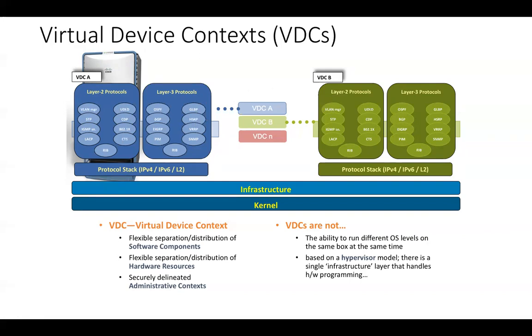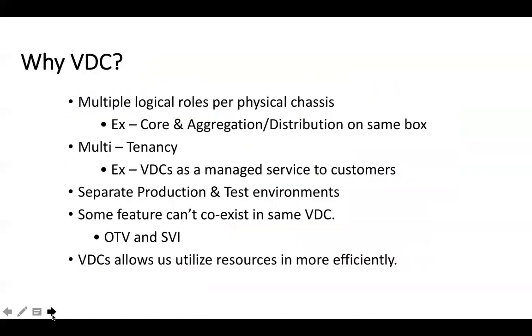Okay. At this point, we hopefully understood the benefit of VDC, right? And the reason behind creating a VDC. Just wanted to add one thing. Let's say you have a feature which cannot exist with another feature.